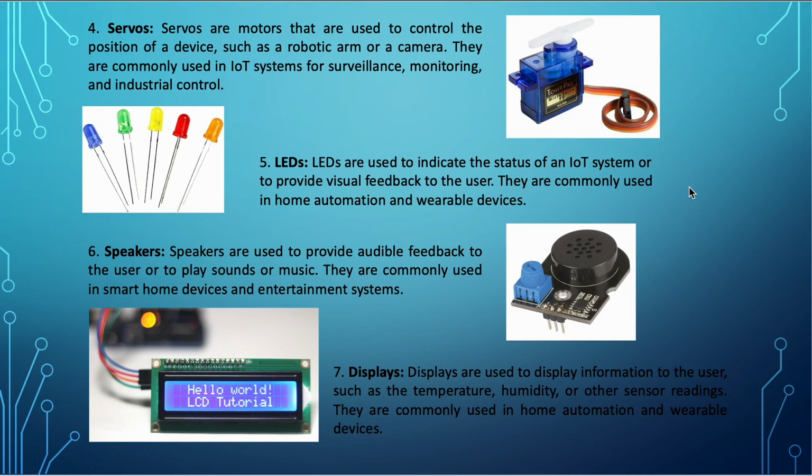Then we can talk about speakers. Speakers are used to provide audible feedback to the user or to play sounds and music. They are commonly used in smart home devices and entertainment systems. Like LEDs, we can use speakers to either give warning, give instructions, or to sound out information.